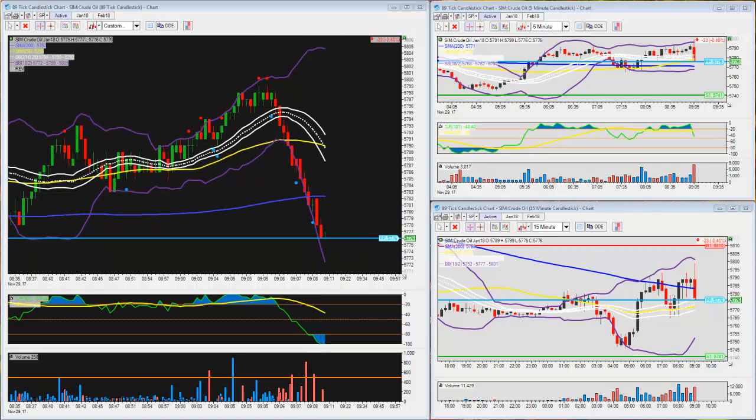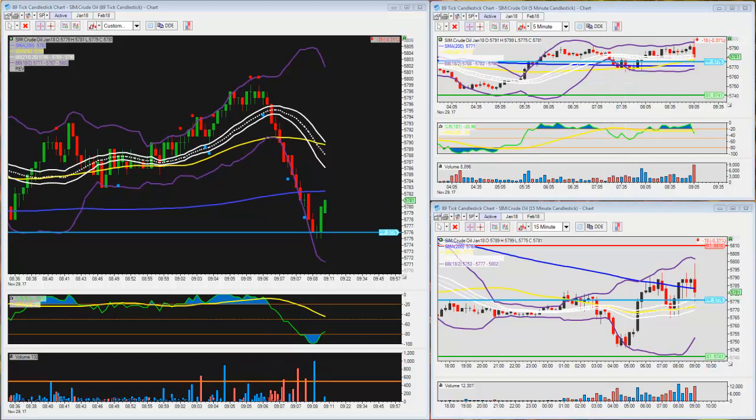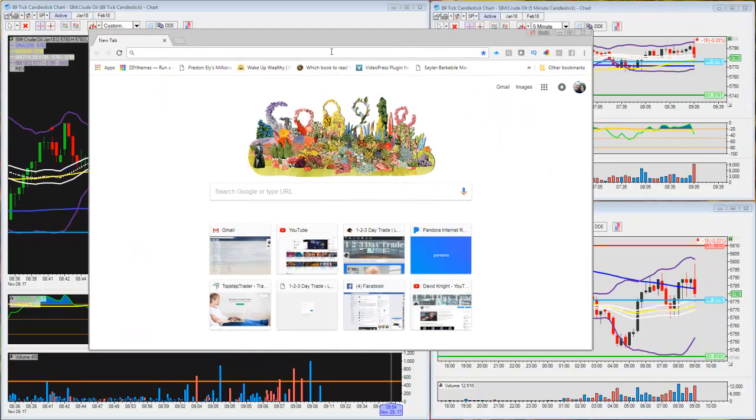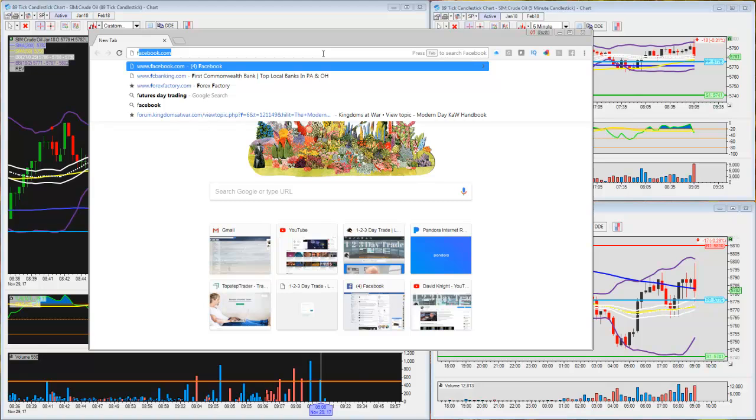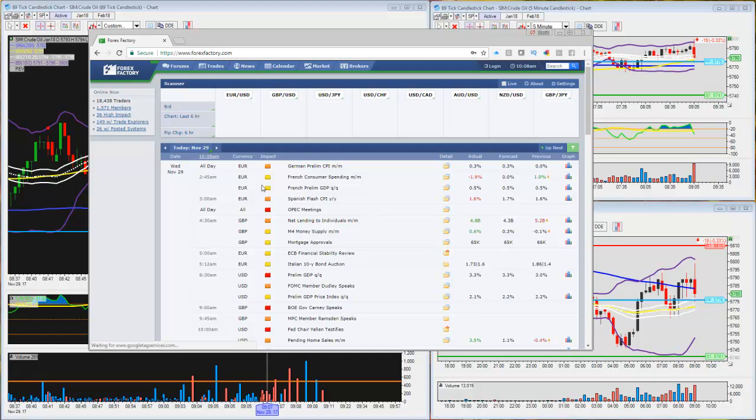Let me get my handy dandy Google out and move it over here. The place I like to look, and everyone has their own place they like to go, is Forex Factory. It's my favorite, and you can set this up however you want it.